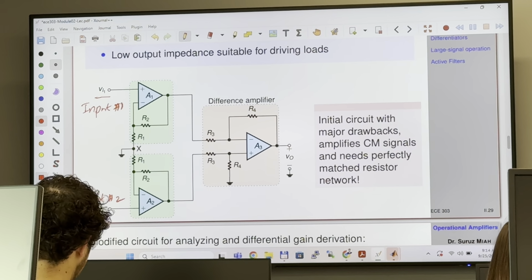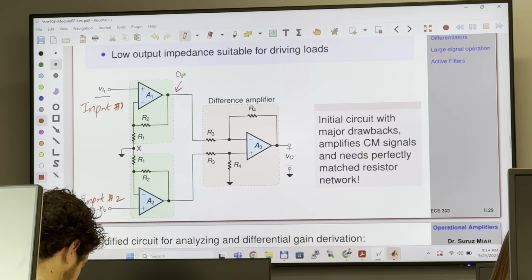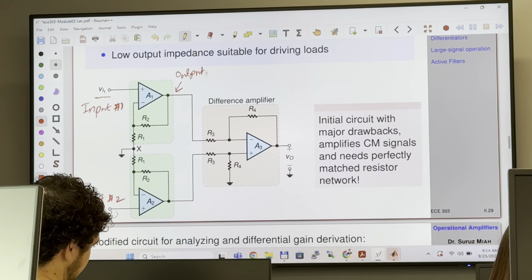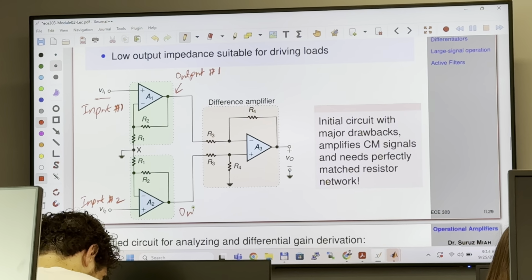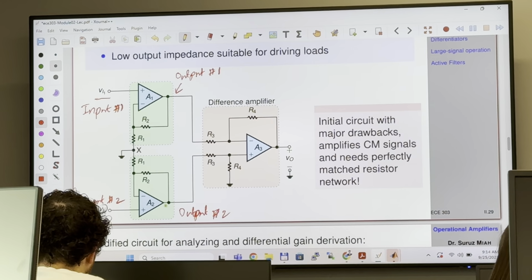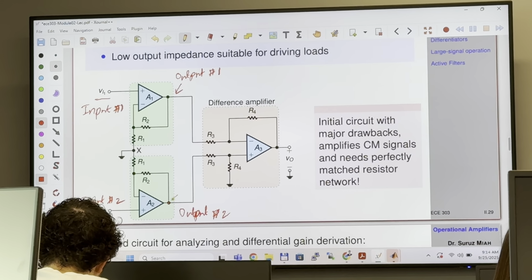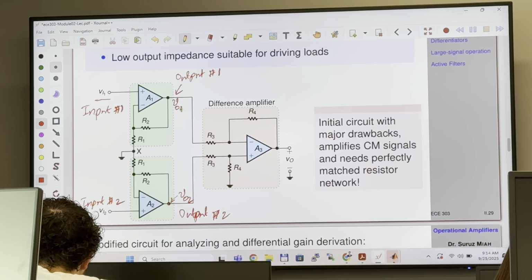And here, output number 1, and this is output number 2. So I call this V out 2, and this one I call V out 1.